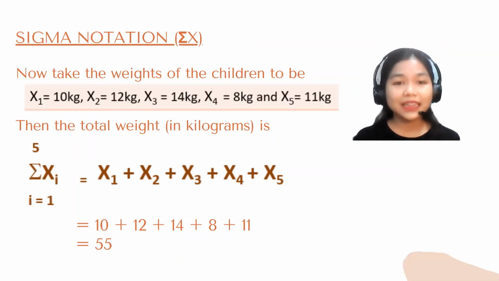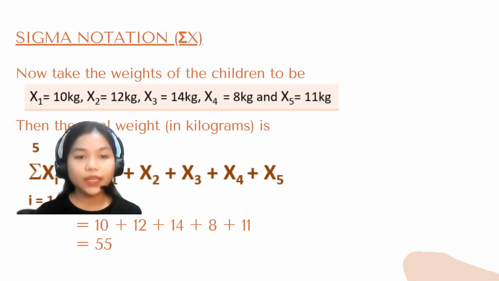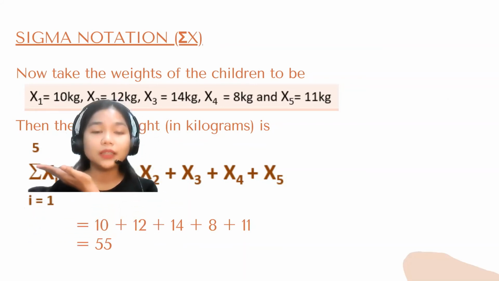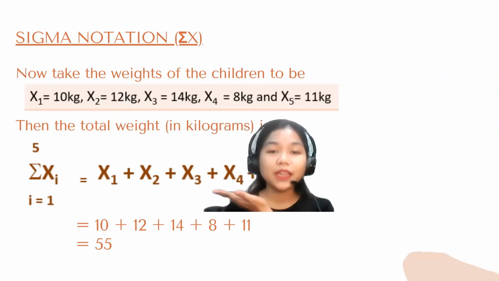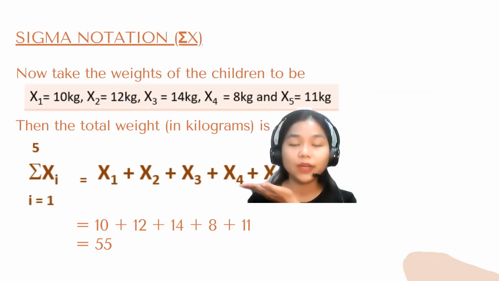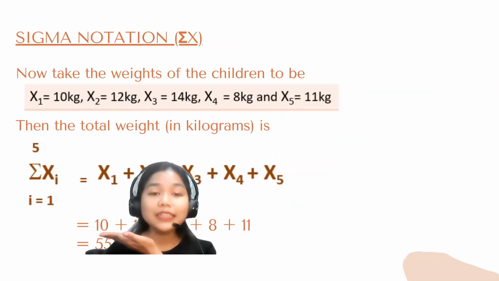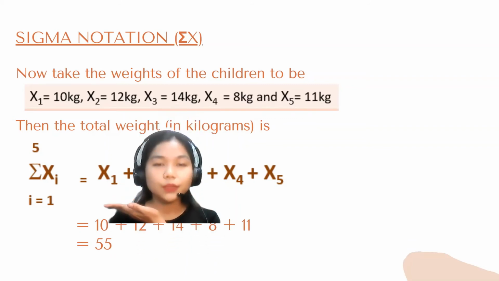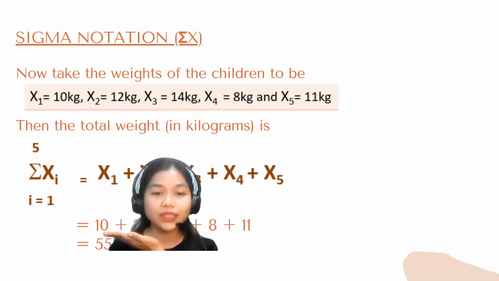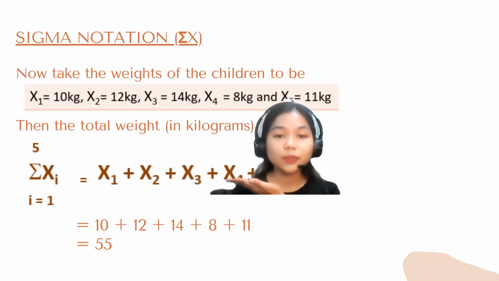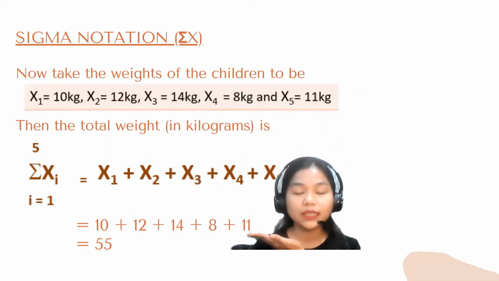So how do we get the total weight in kilograms? We already know our notation: summation of xi from i equals 1 to 5. Earlier, we expanded this form: x1 plus x2 plus x3 plus x4 plus x5. So we just need to substitute the equivalent weights: 10, 12, 14, 8, and 11 kilograms.